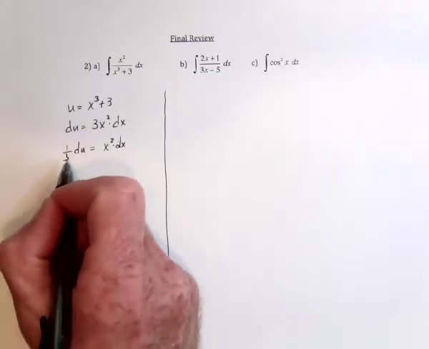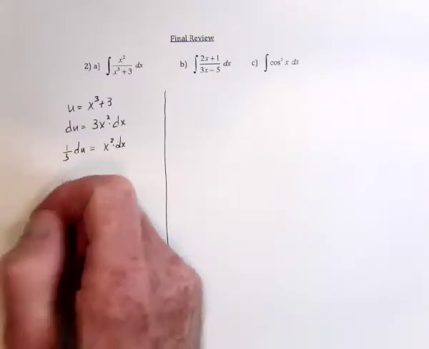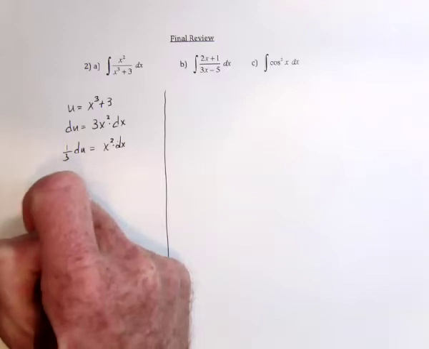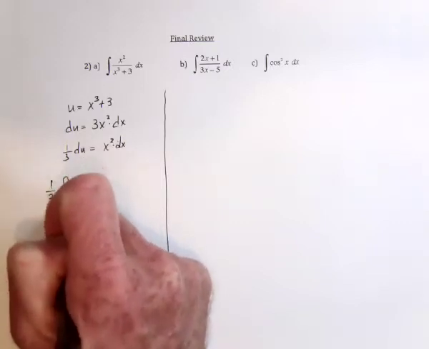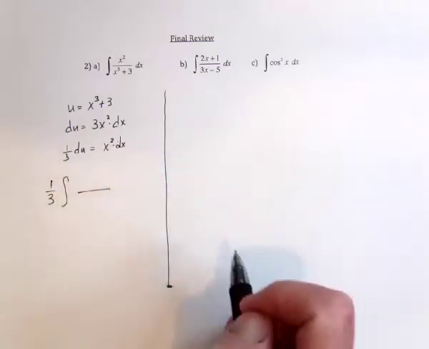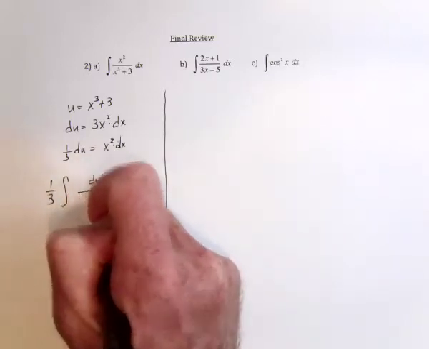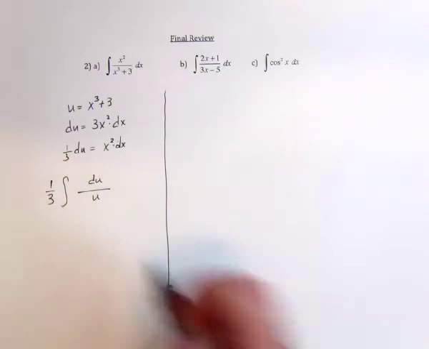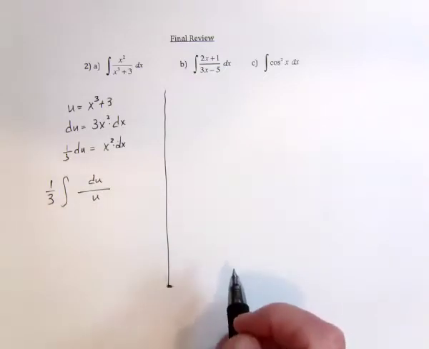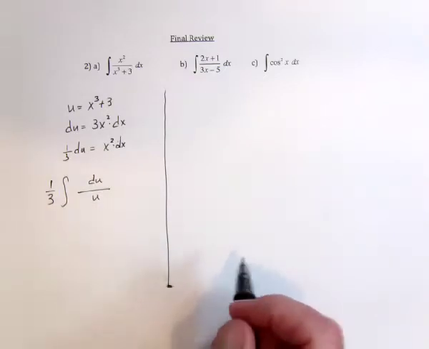So we'd have a 1/3 du. I'm going to factor out the 1/3, and then the x squared dx gets replaced with 1/3 du, and the denominator is u. And that is set up for the natural log.